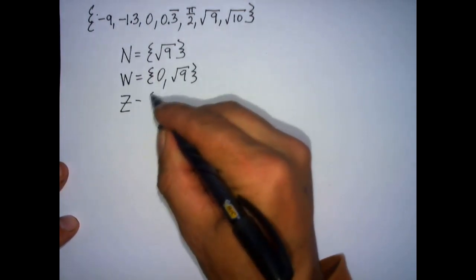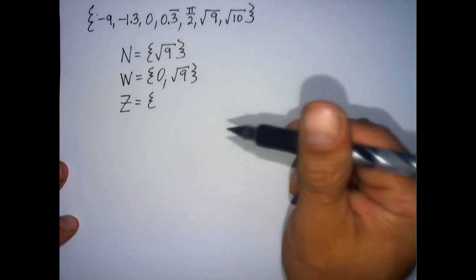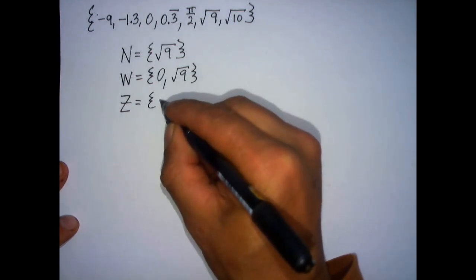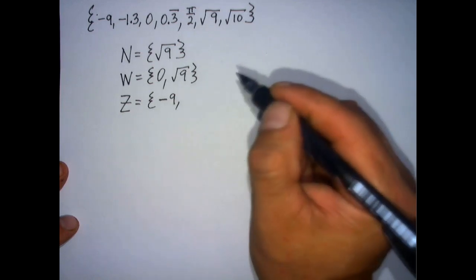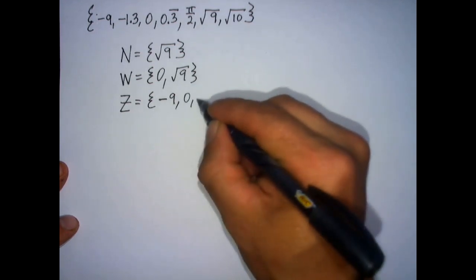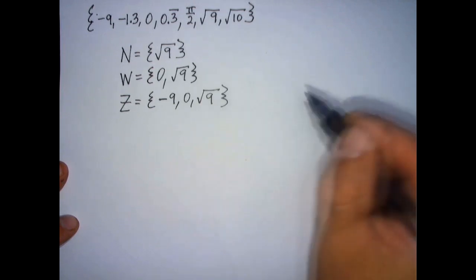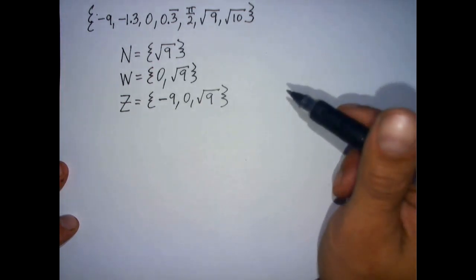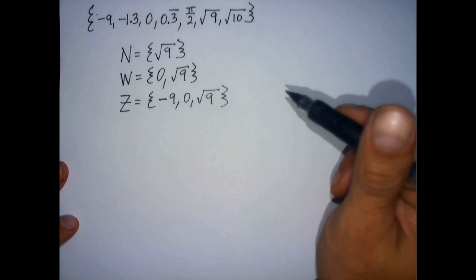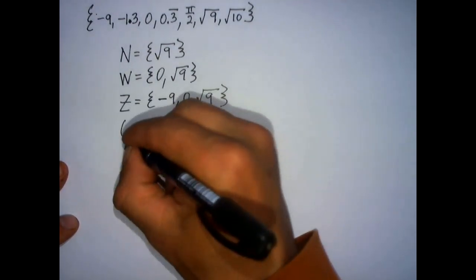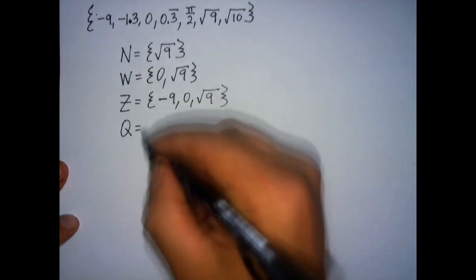Integers. Let's see. -9, is that an integer? It is. And I think that's it. Right? Because it's a terminating decimal. It's got a decimal in it. So it's not an integer, it's a rational number.